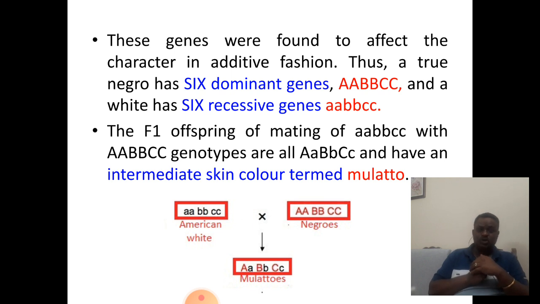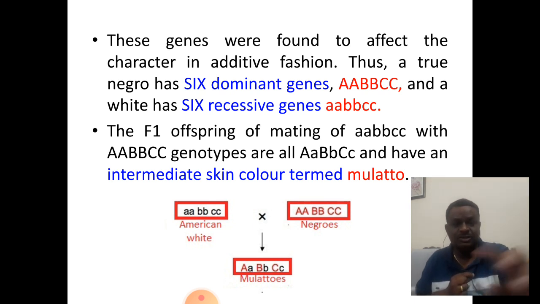So 3 important aspects we have learned here, students. When all the 6 dominant alleles are there, we find negroic individual color. If all the 6 alleles are recessive, we find white or albino color. When you find 3 dominant alleles, we find the color called intermediate skin color or mulatto.